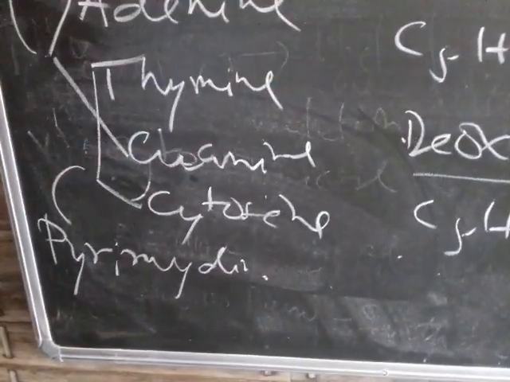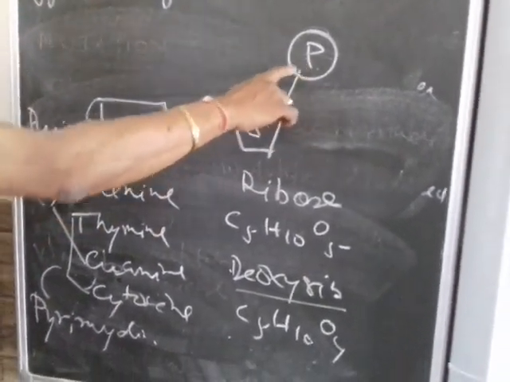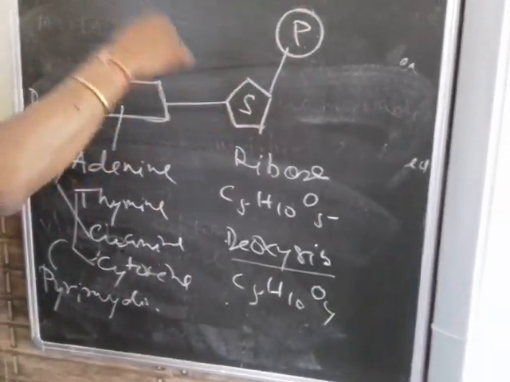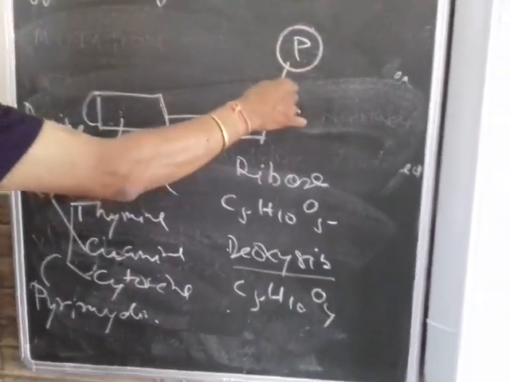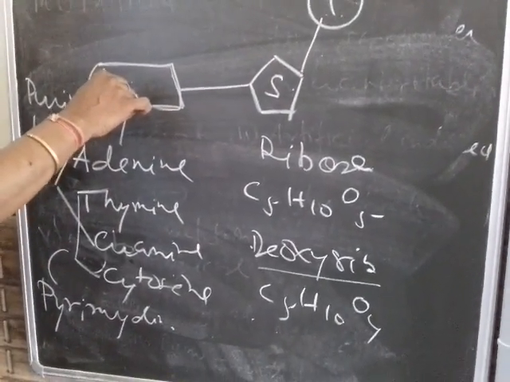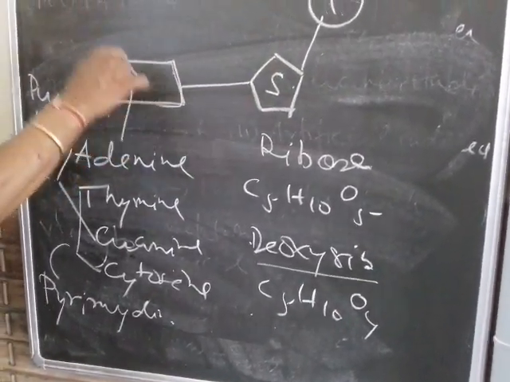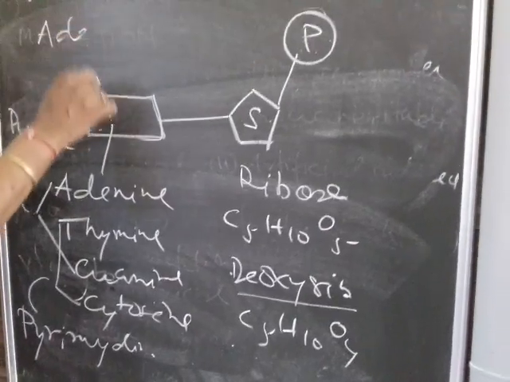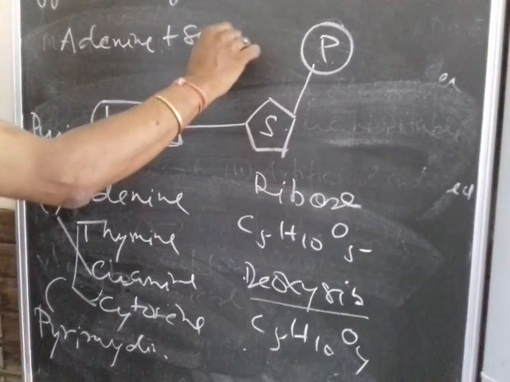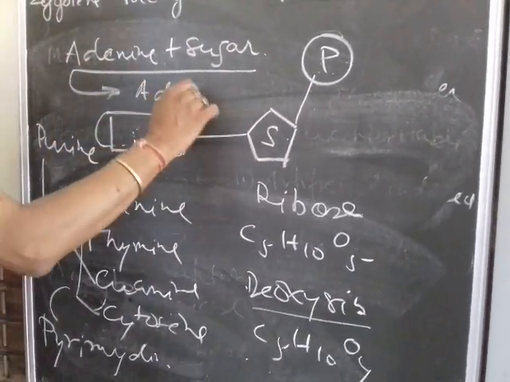So we say, what is a nucleoside? A phosphoric acid, a sugar and a nitrogen base together is called a nucleotide. What is a nucleoside? If you remove this phosphoric acid, only the sugar and the base will be called the nucleoside. So how will the nucleoside be named, or how will the nucleotide be named? Suppose the nitrogenous base is adenine and the sugar is there, then the nucleoside name will be adenosine.